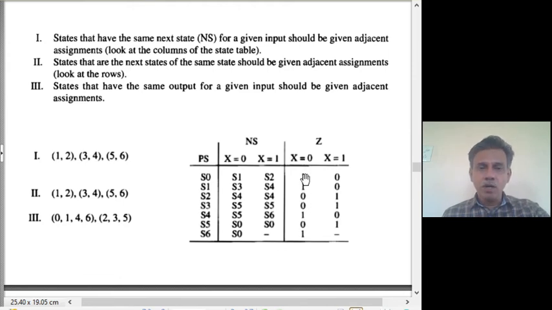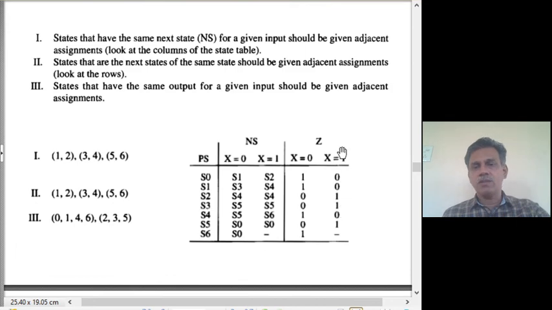So, here you look at where all there is 1. Those states have to be adjacent. That is 0, 1, 4, 6. So, 0, 1, 4, 6 have to be adjacent. And here 0, 0. So, the corresponding ones, 2, 3, 5, have to be adjacent.